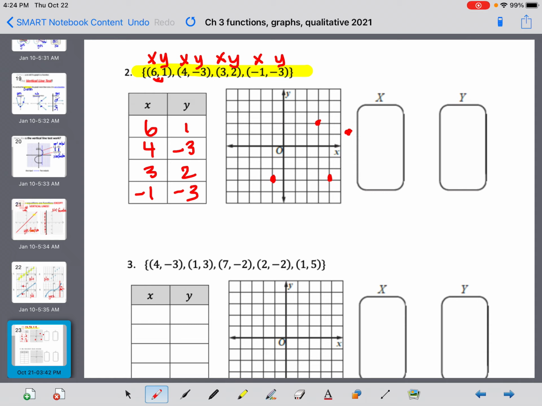Let's talk about a domain and range map, or an input-output map, which might be a little bit more familiar to you. I want to take all my inputs and order them from greatest to least.